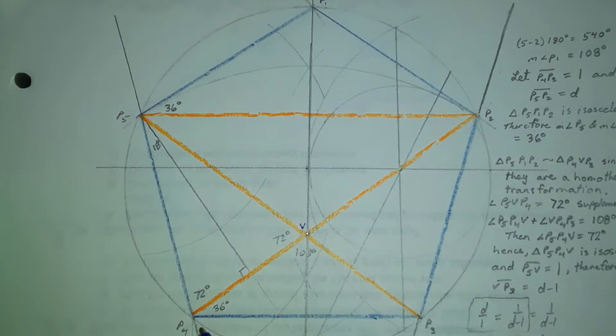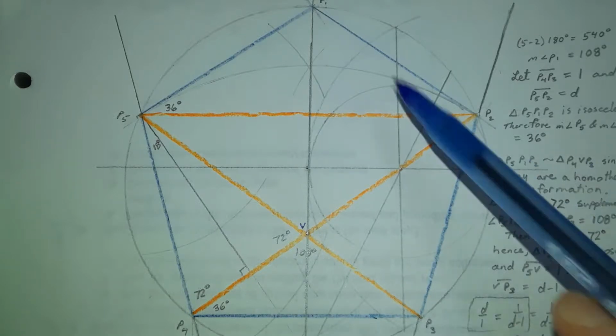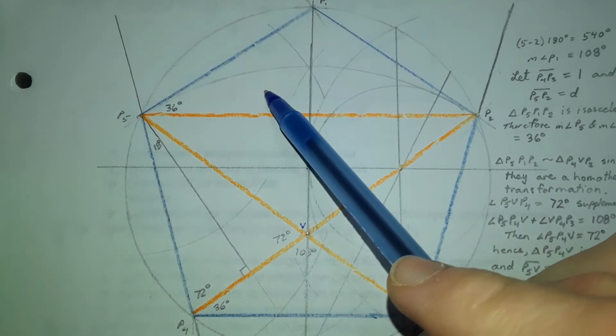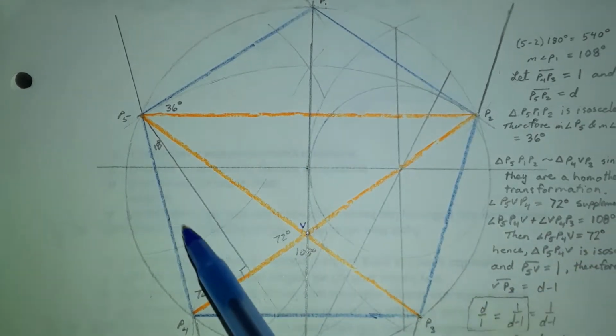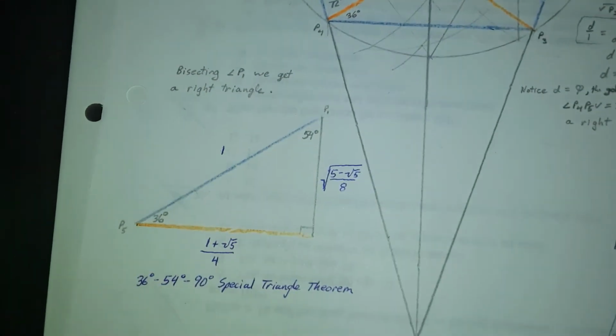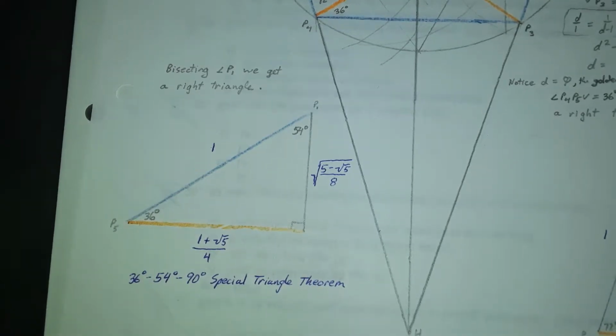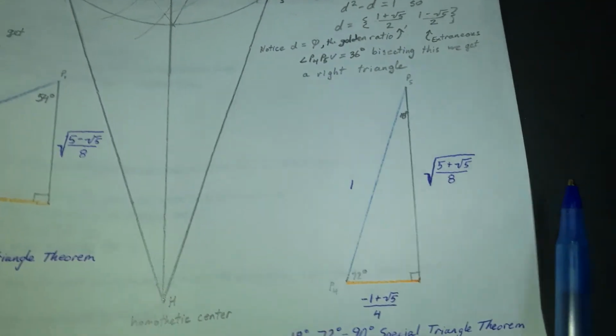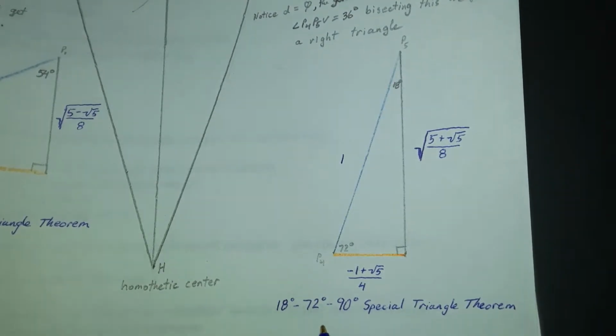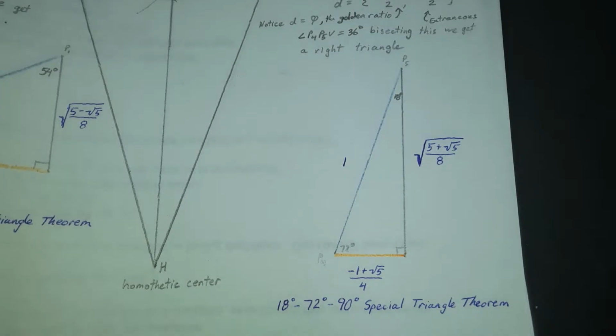I don't want to go too in depth with this, but given a regular pentagon with side measure of 1, that's the blue, the diagonals are in orange here, you can derive 2 special triangles, one of them in this area here and one of them right here. You end up with the 36-54-90 triangle, and you also get the 18-72-90 triangle, which is the one that we're going to start with today.